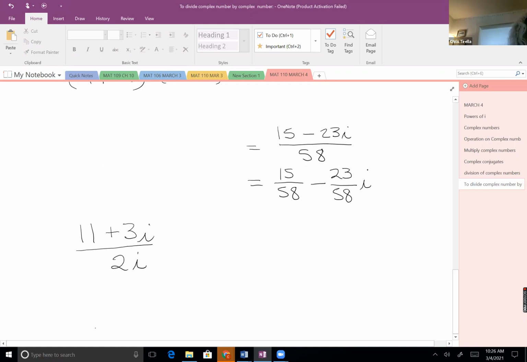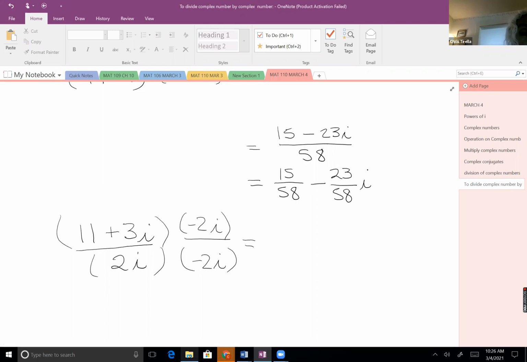And so does it make sense that the conjugate of 2i would be the conjugate of 0 plus 2i? And so what we're going to do is multiply both numerator and denominator by negative 2i. In the numerator, I'll get negative 22i minus 6i squared.